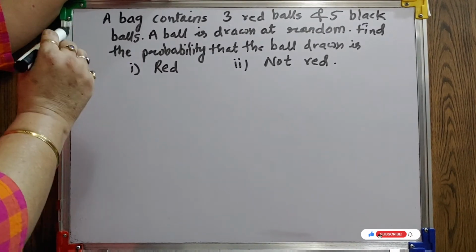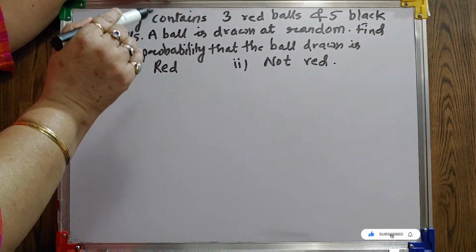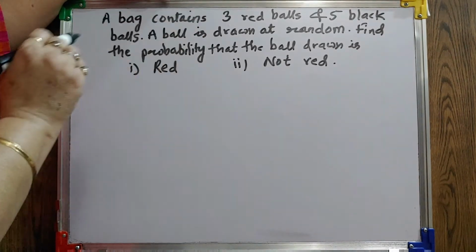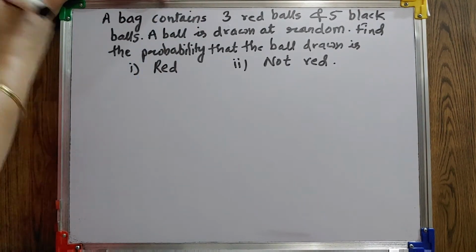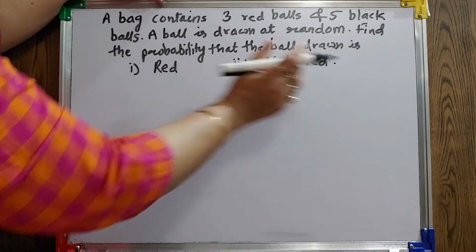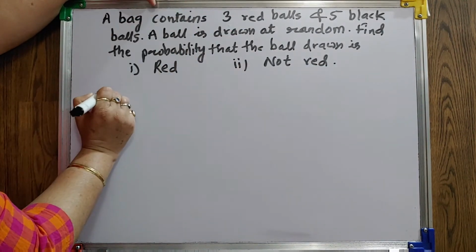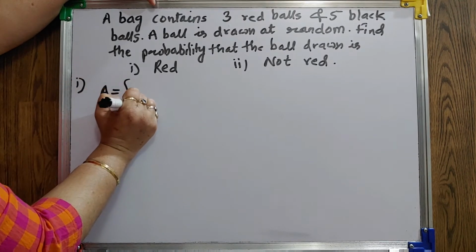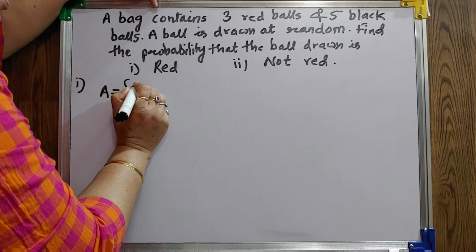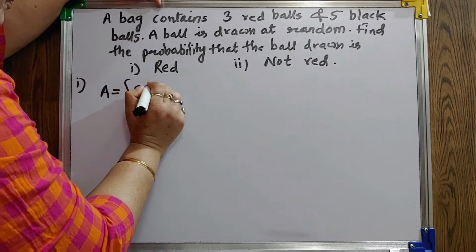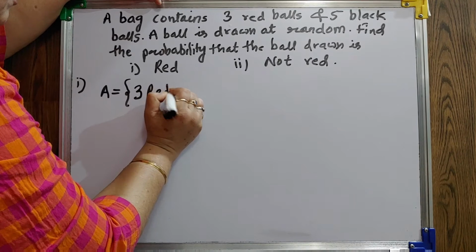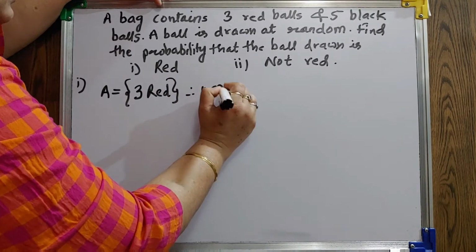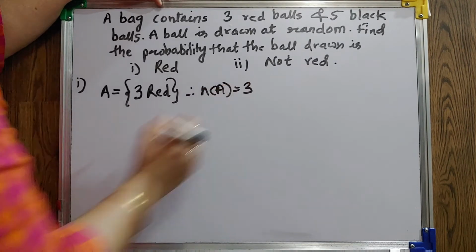Now just see this sum. A bag contains 3 red balls and 5 black. A ball is drawn at random. Find the probability that the ball drawn is red or not red. Not red means black. Now, first of all, in the first part, A, I am considering the event red. How many red balls are there? 3. So my n of A is 3.